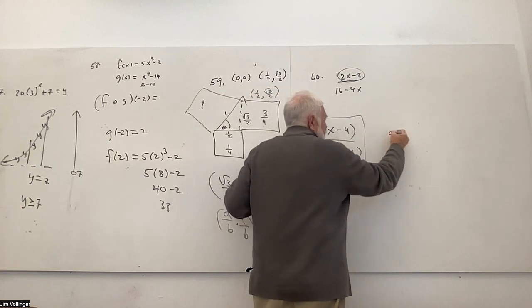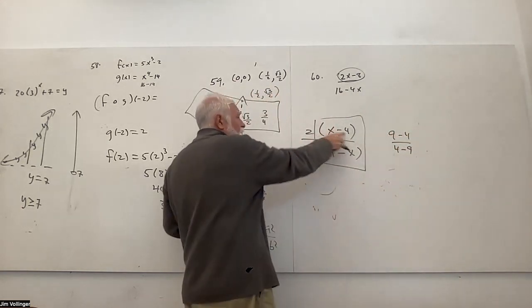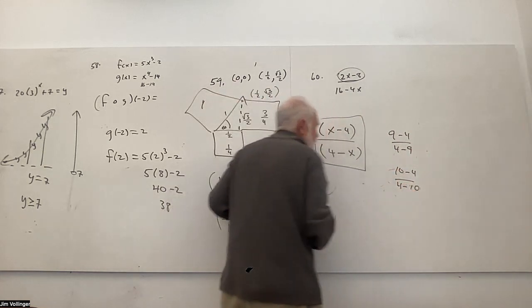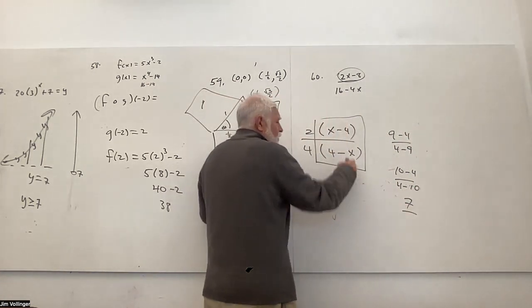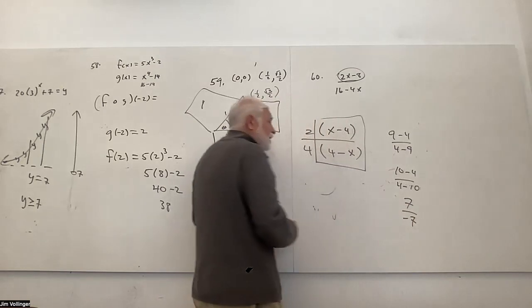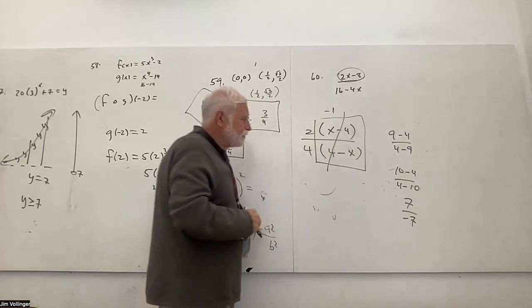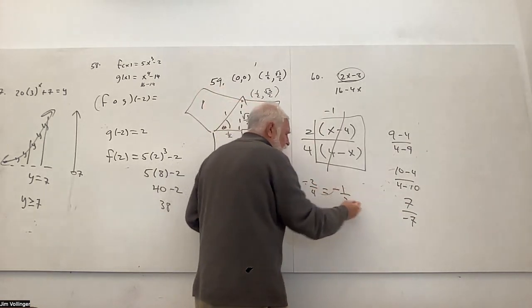Put 9 in. 9 minus 4 over 4 minus 9. Let's put a 10 in. 10 minus 4 over 4 minus 10. Let's put an 11 in. 11 minus 4, 7. 4 minus 11, -7. I think you'd be right if you said that becomes -1. So that gives me -2/4, which I hope you write as -1/2.